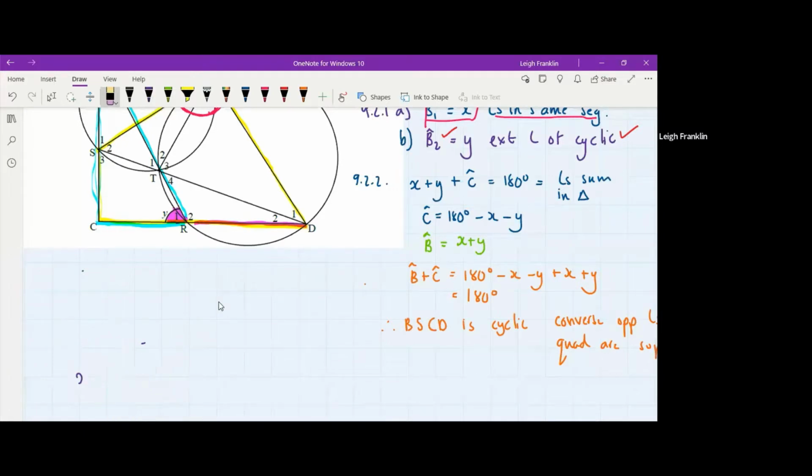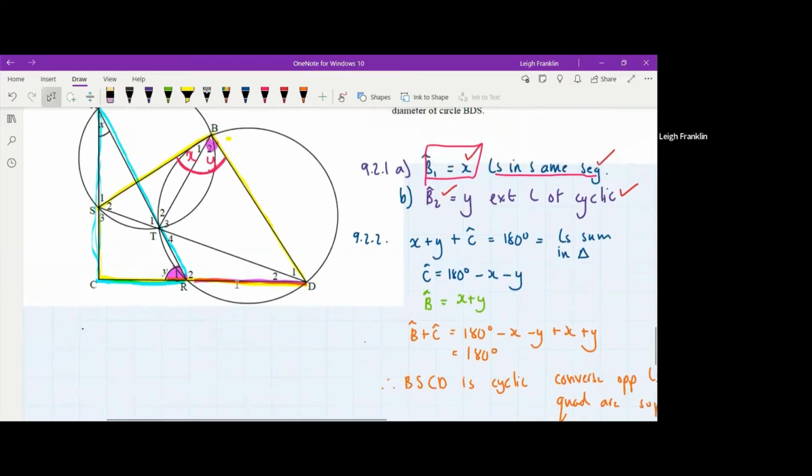All right, so now this is what we've got. X plus Y plus C adds up to 180 because of angles of a triangle.